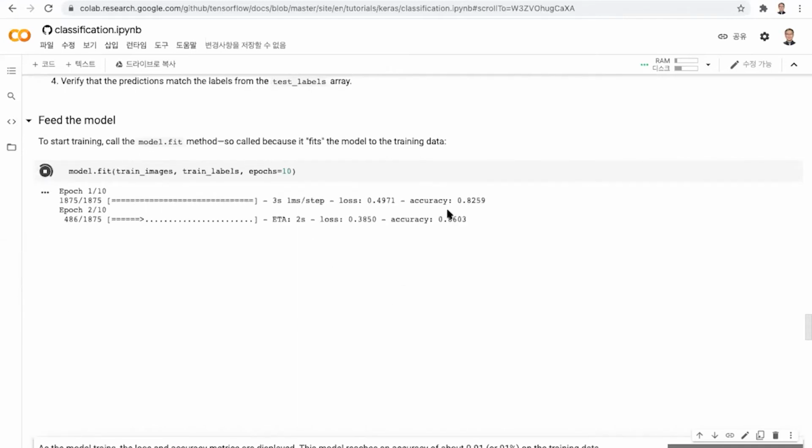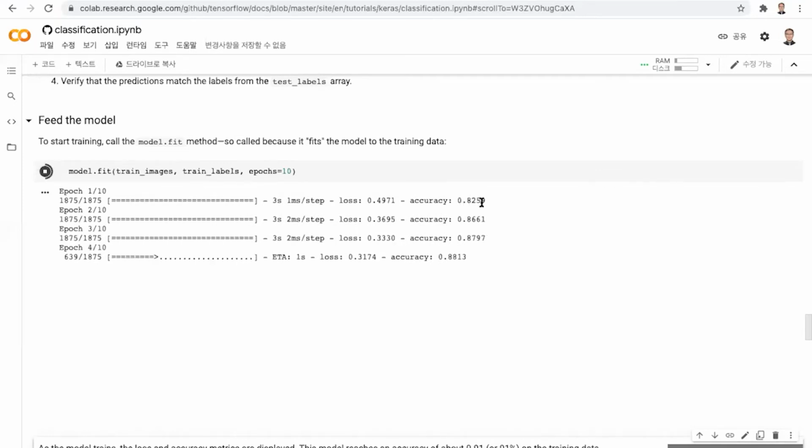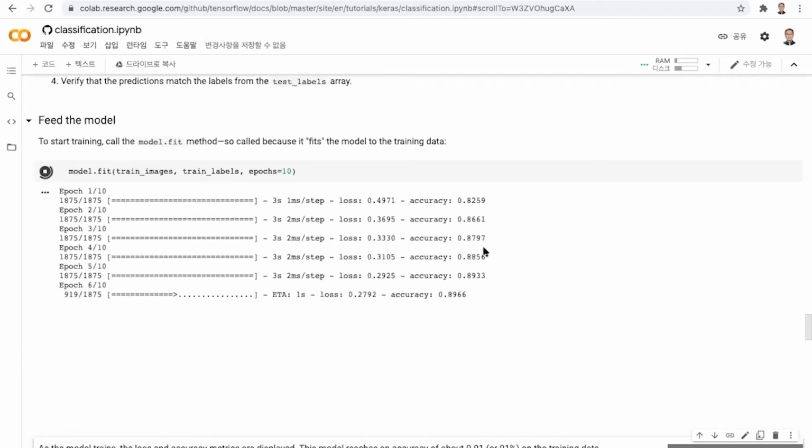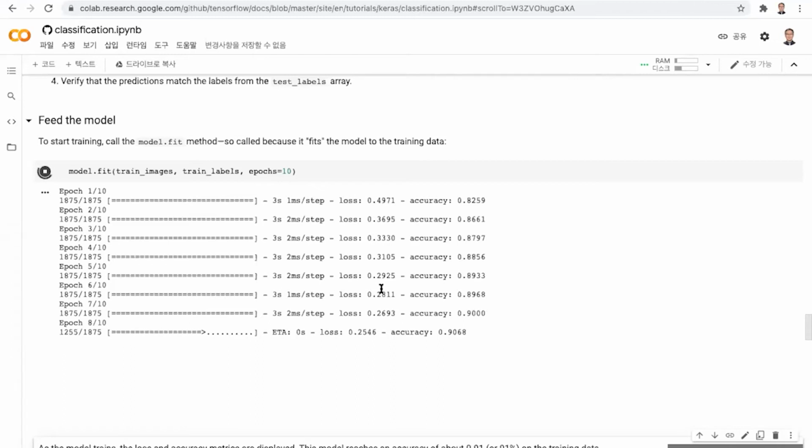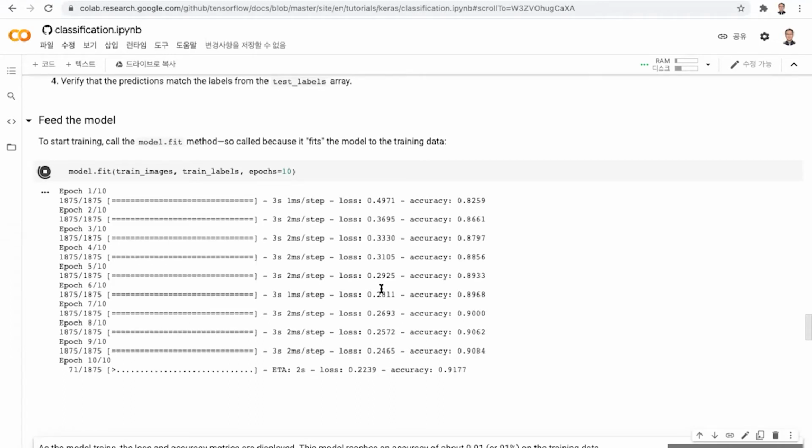Now it is working. And this is great because you can see the accuracy here. After the first epoch, the accuracy is 82%, and then 86%, 87%. When we saw our regression problem, we saw the loss decreasing, but the absolute value of the loss does not mean anything.